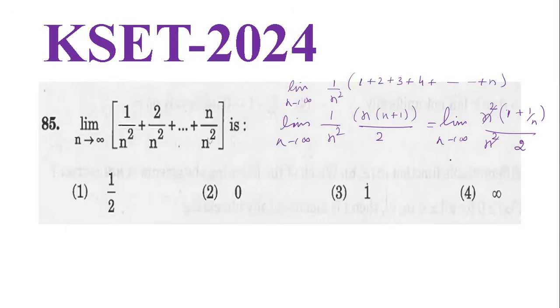This n square gets cancelled. Limit n tends to infinity 1 by 2 (1 plus 1 by n). If you apply limit, this term becomes 0. Answer is 1 by 2. This is the right answer. Simple question.